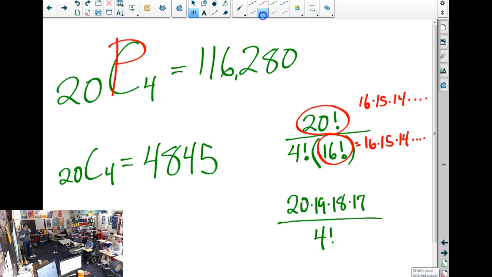Why? Because it's wrong. Cancel means it goes away. It reduces to 1. What happens after that? It goes away. So we keep the 20, 19, 18, and 17, but the 16, 15, 14, those all reduce out, and so we could just write it like this.